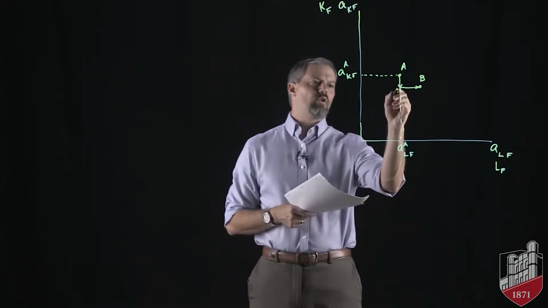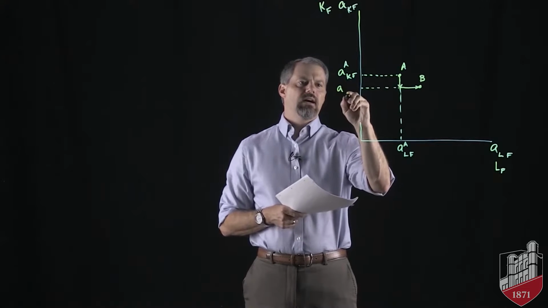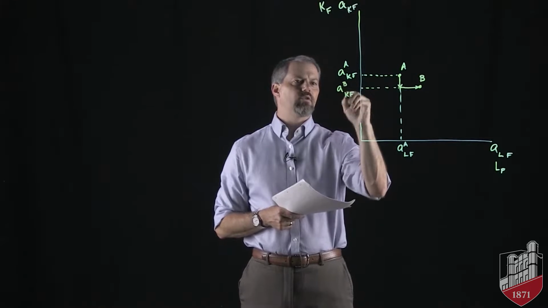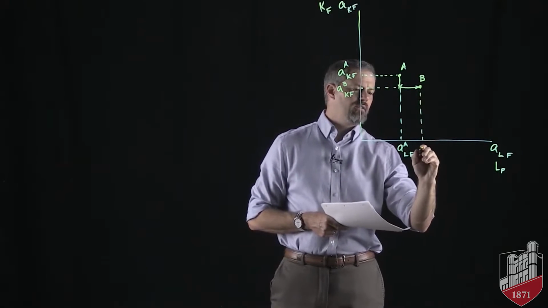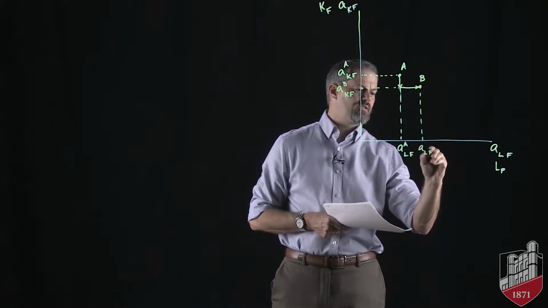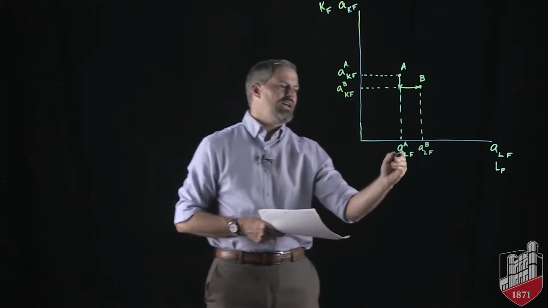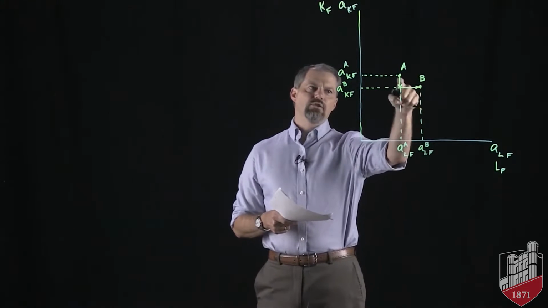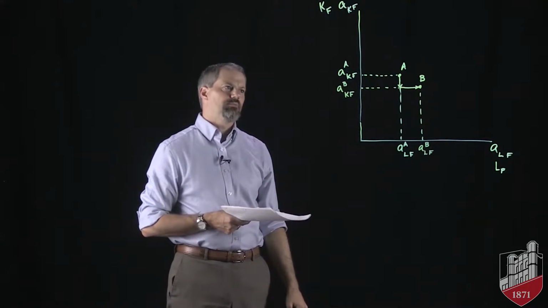So let's look at the coordinates of point B. That's going to be the amount of capital used in food production that corresponds to point B, and then the amount of labor used in food production that corresponds to point B. So we've reduced the amount of capital and increased the amount of labor, and each of these 2 points can be used to produce 1 unit of food.